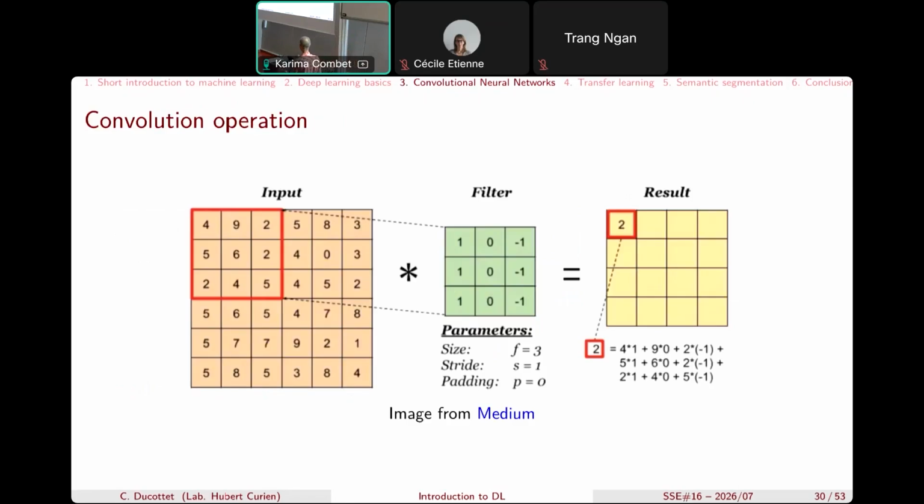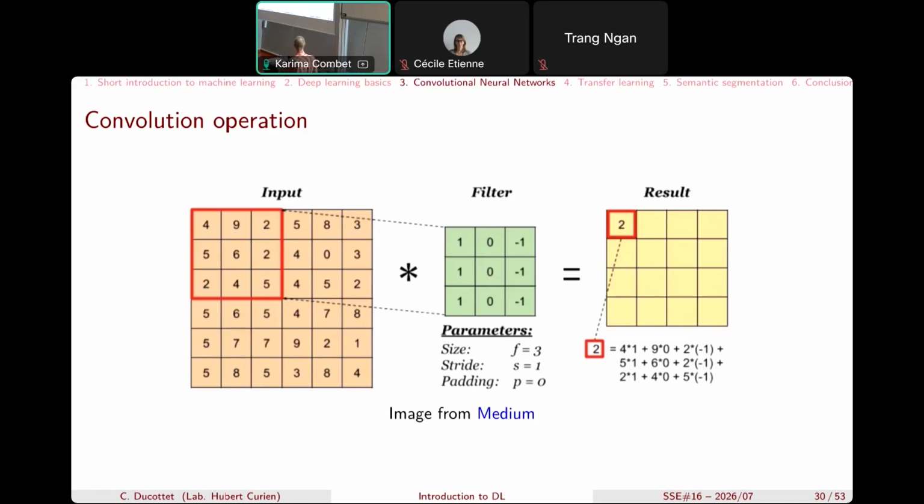Convolution operation: I take my image. I have what is called a filter, which will be a set of weights that I want to use to do a specific operation. I apply these weights on my region, and I do a kind of sum of products between my input and my filter. In such a way, I obtain as an output a single value.